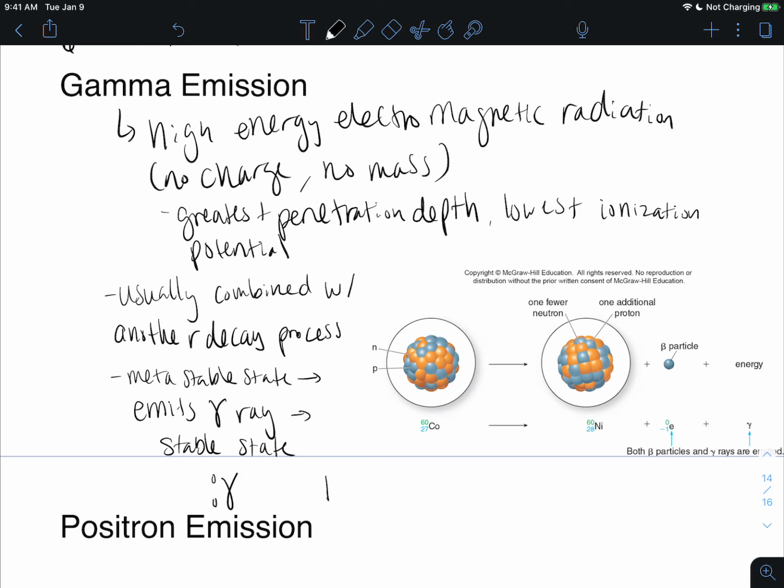So metastable technetium would look like this. And then it would emit a gamma ray, and it would go to not a really stable technetium, but a more stable state.